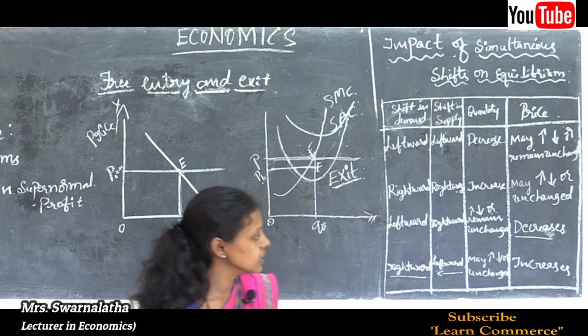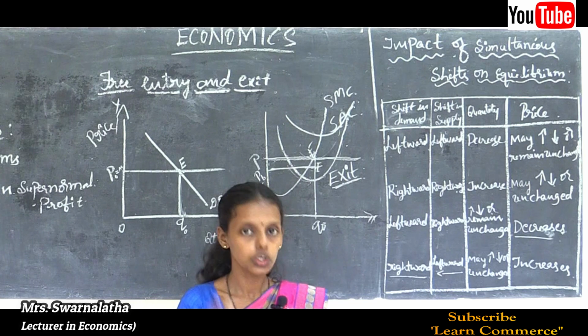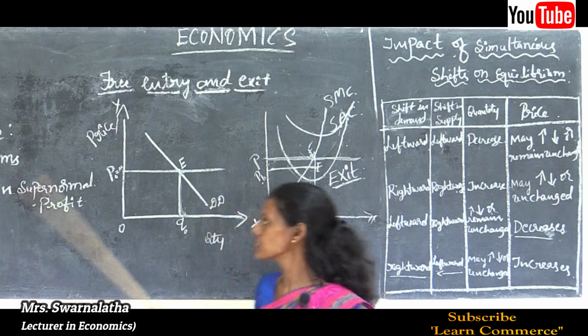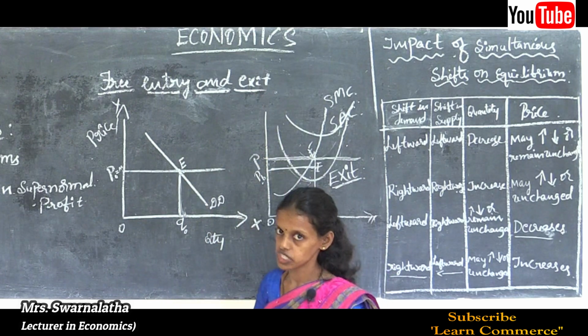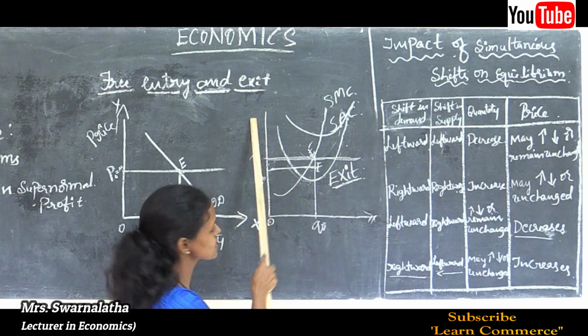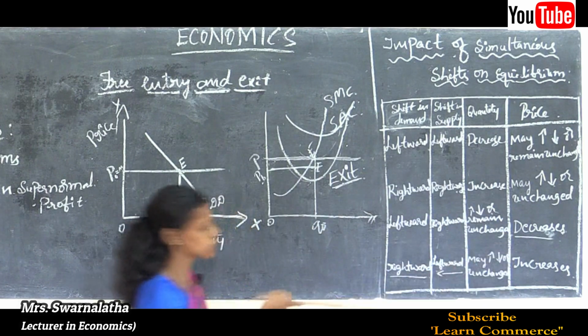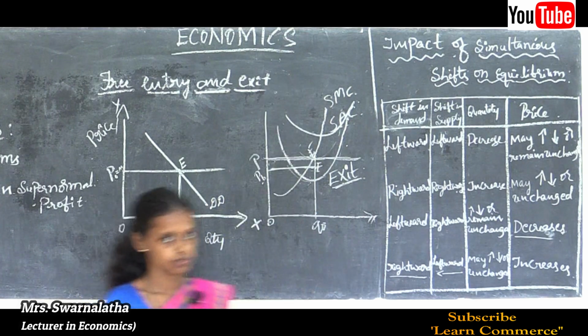So, again the industry is planned to increase the price for the commodity. During this time, some firms are unable to compete with the remaining firms and are ready to exit from the industry. An increase in the price leads to exit from the industry, a decrease in the price leads to the entry of new firms to the industry.